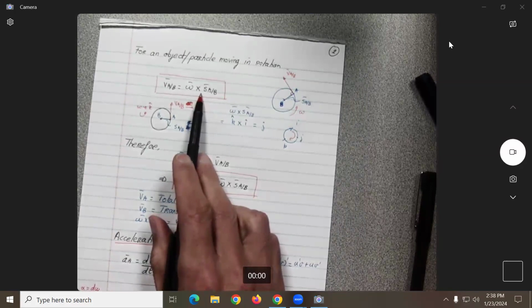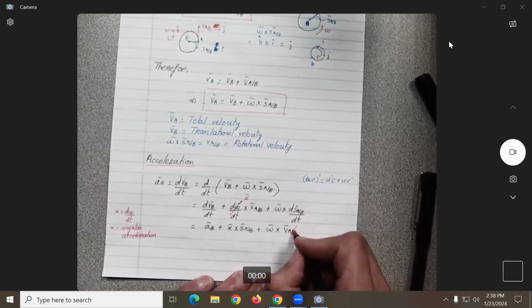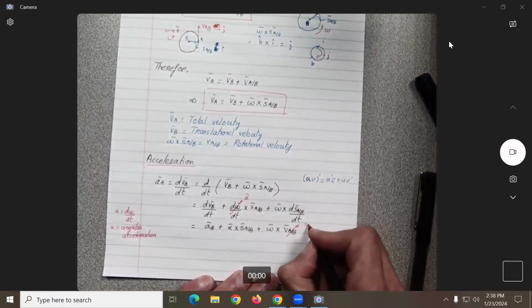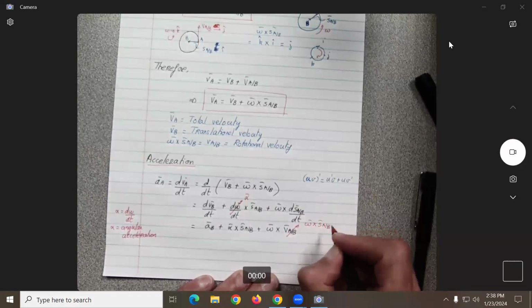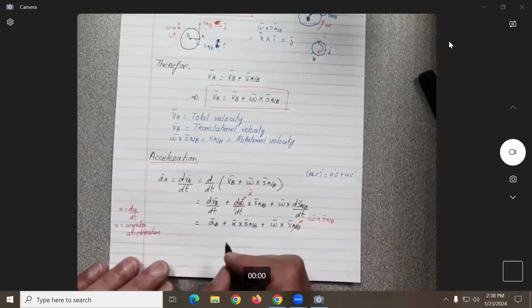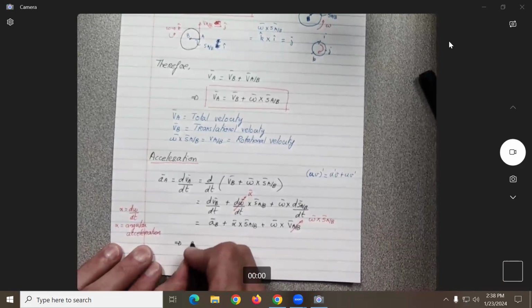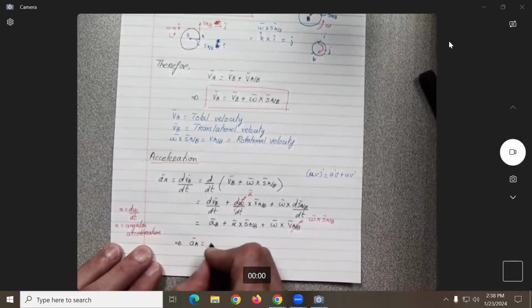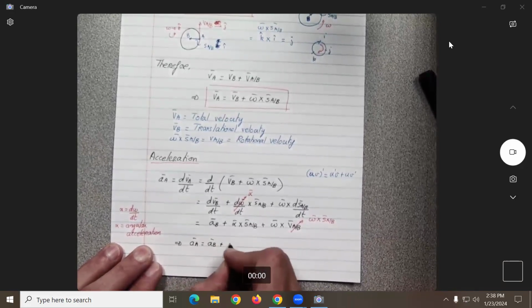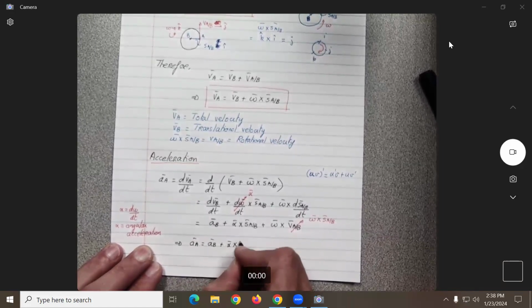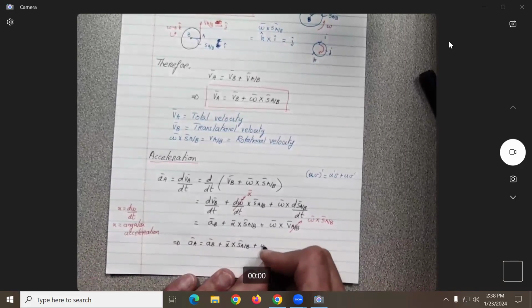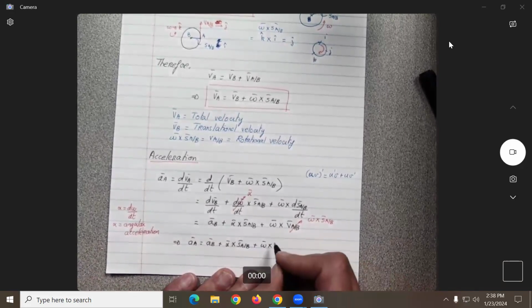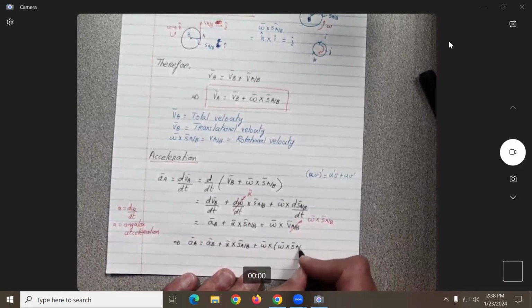VAB is omega cross S of A with respect to B. So really this is going to give us one equation, which is acceleration of A equal acceleration of B plus alpha cross S of A with respect to B plus omega cross S of A with respect to B.